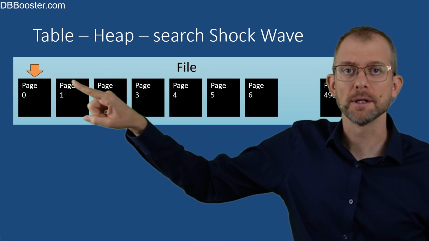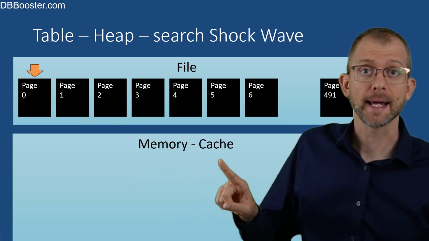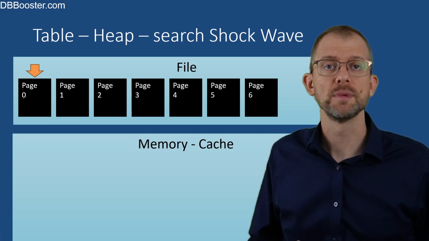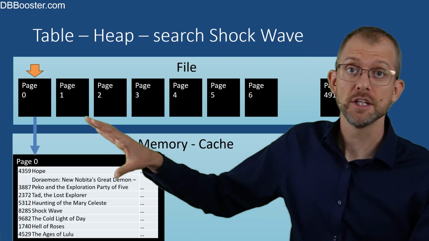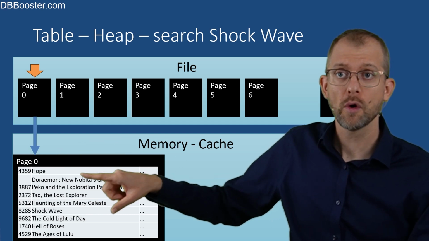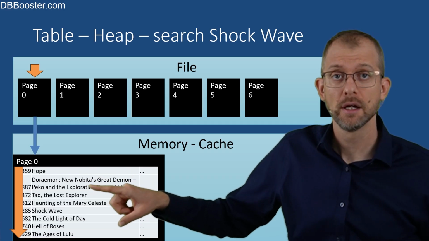First, I need to read the page into memory. We call this part cache. It's the place where we store the pages read from disk. When the page is in cache, I'll check row by row, scanning each name carefully.